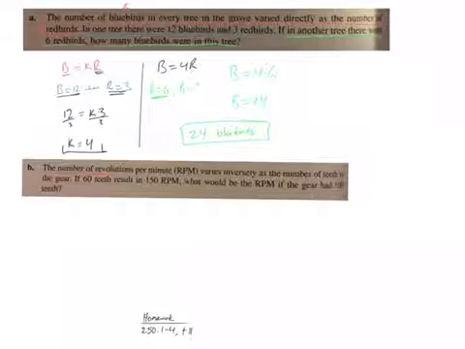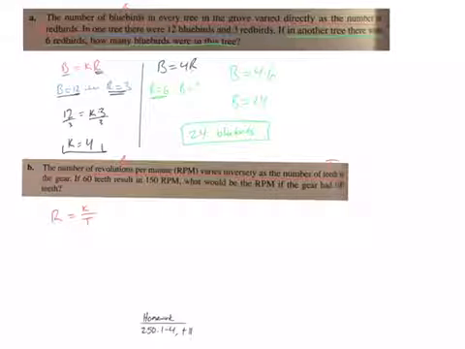The number of revolutions per minute varies inversely as the number of teeth in the gear. So I'm going to use capital R for the revolutions and a capital T for the number of teeth. So the revolutions varies inversely, so it's going to be R equals K over T, the number of teeth.